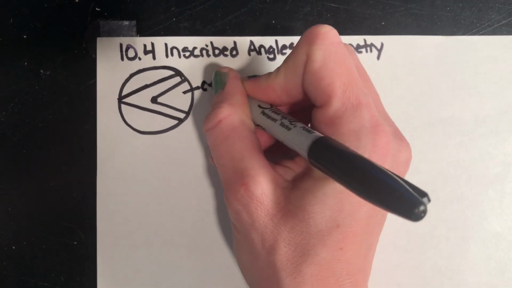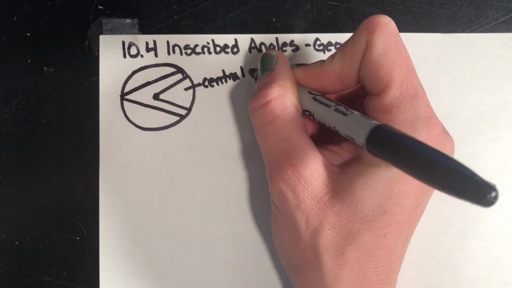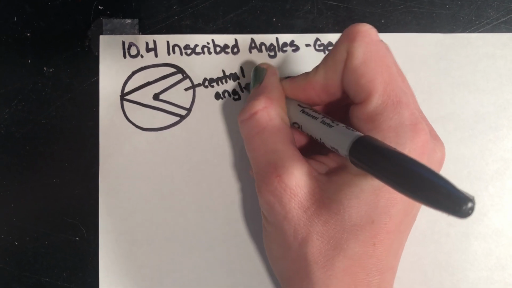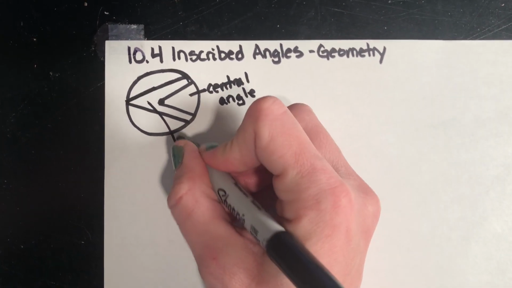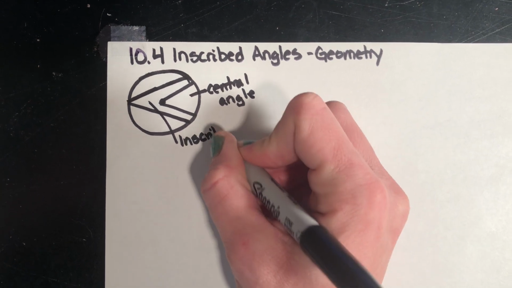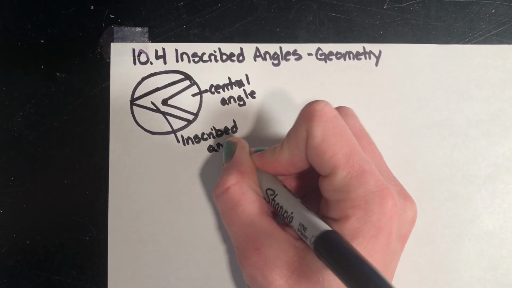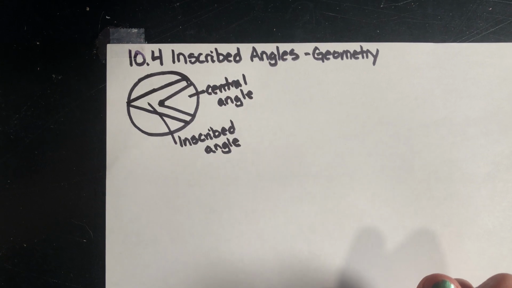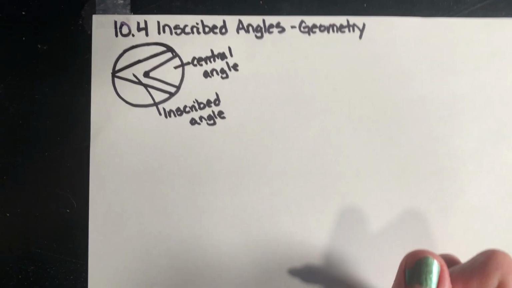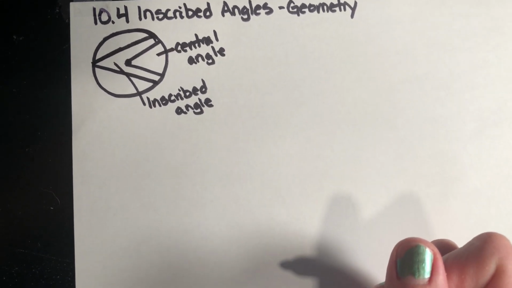So we have a central angle and an inscribed angle. There are going to be 4 different theorems that we have about inscribed angles.